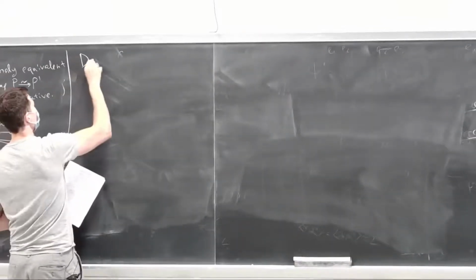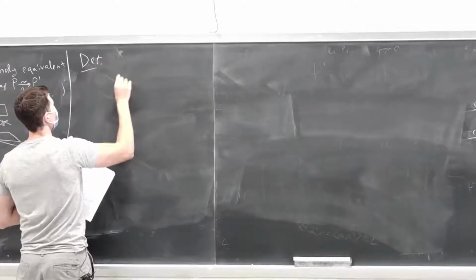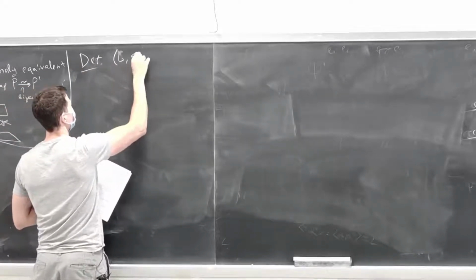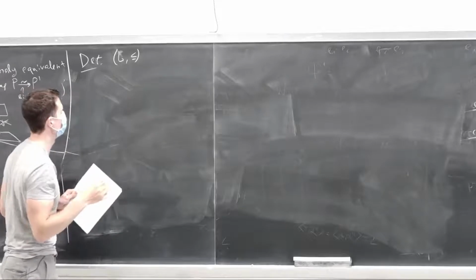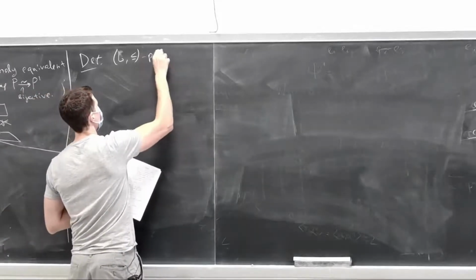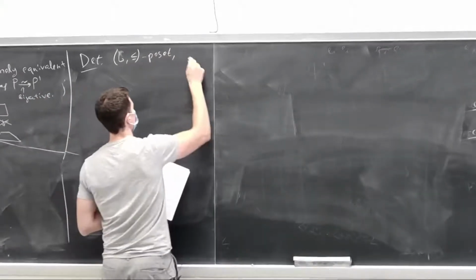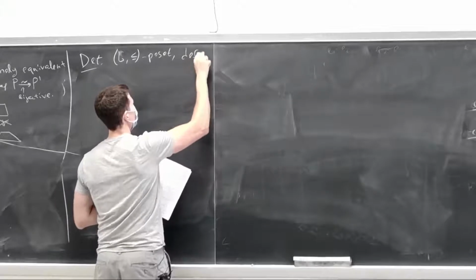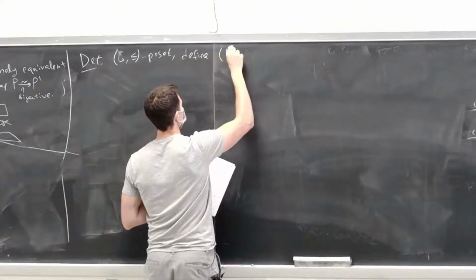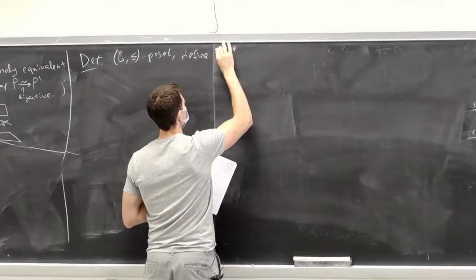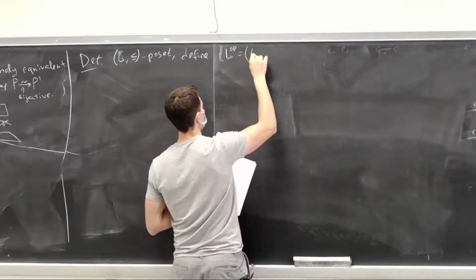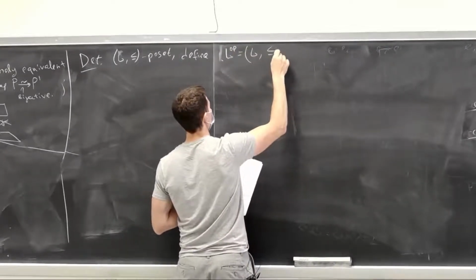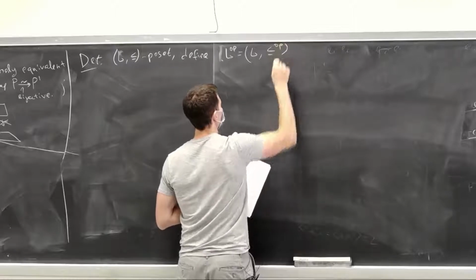All right, now let me make one more definition. Let's say I have any partially ordered set L. Then I'm going to define what is called the opposite poset, which has the same set of vertices but the opposite order relation.